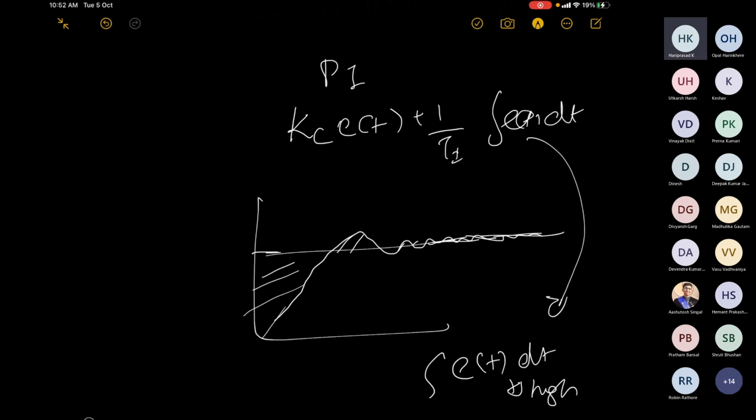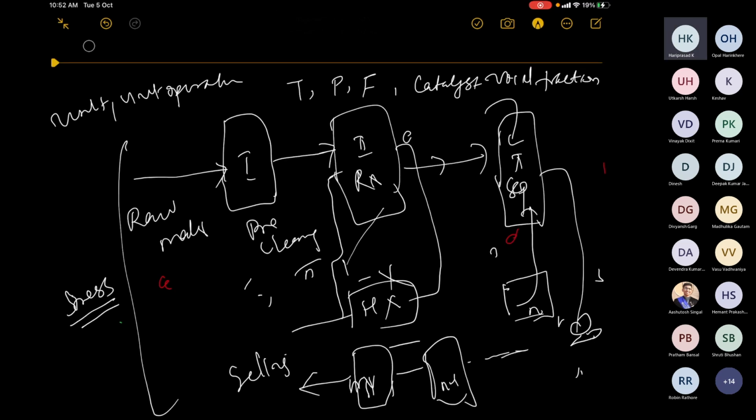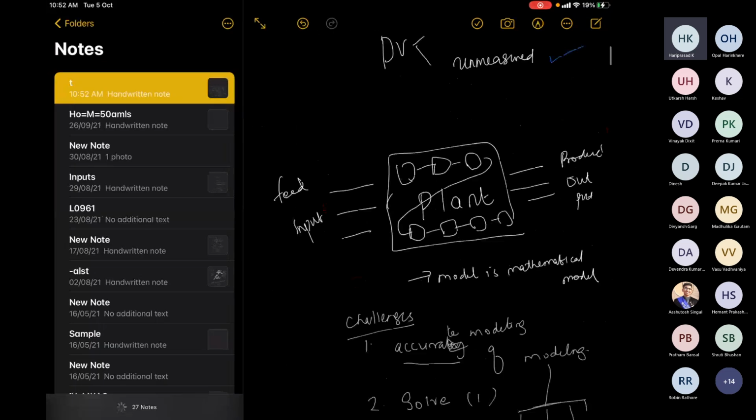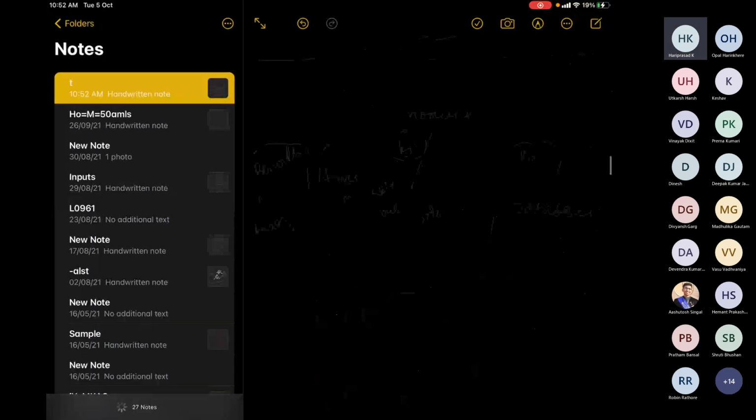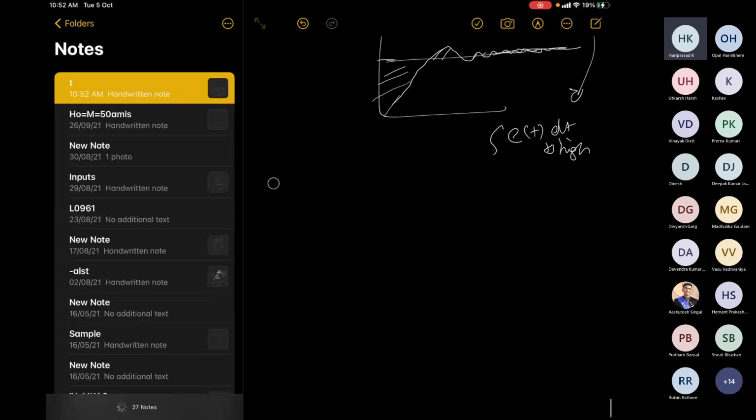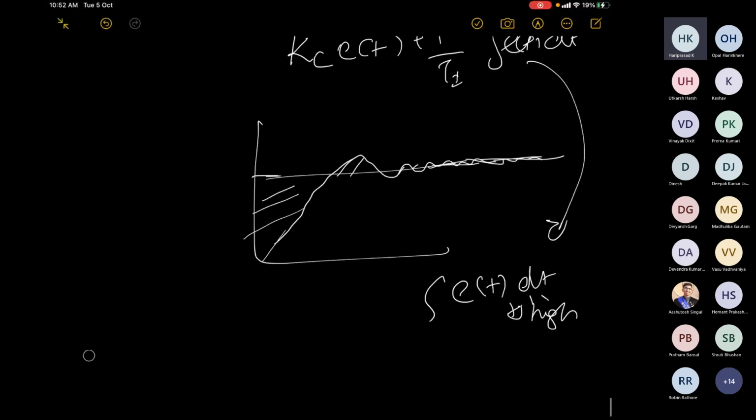Very, very high. As a result, the controller would be very, very active even though there are minimal errors. Here the deviation from the set point is small, but due to this highly accumulated error, because this is all summation, eventually there is no way to nullify the positive error with a negative error in this case.